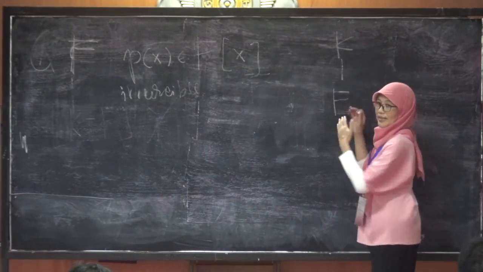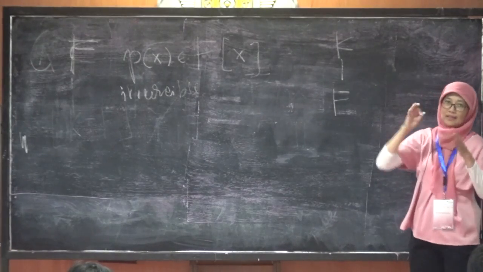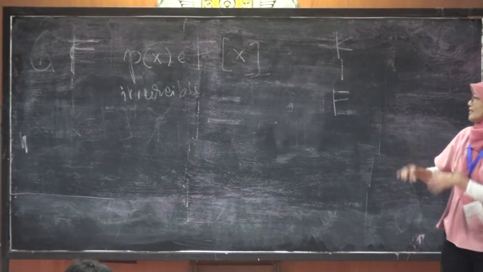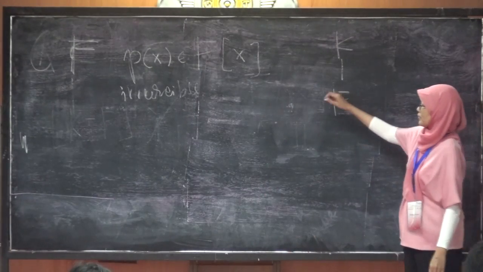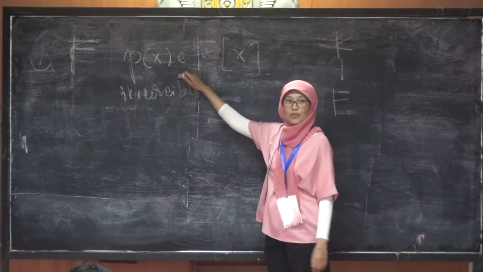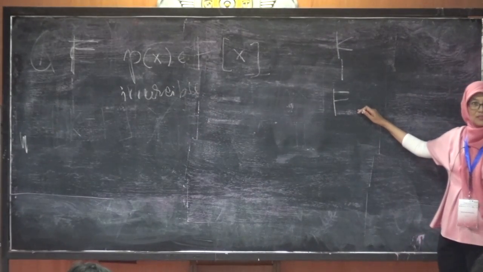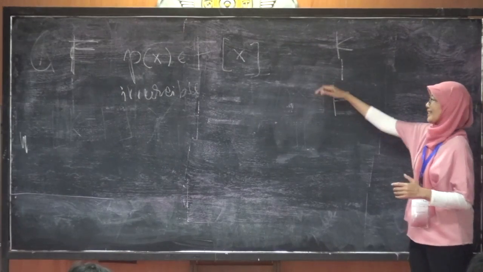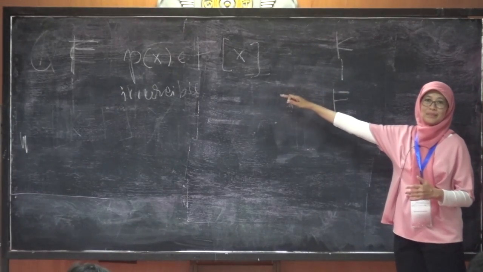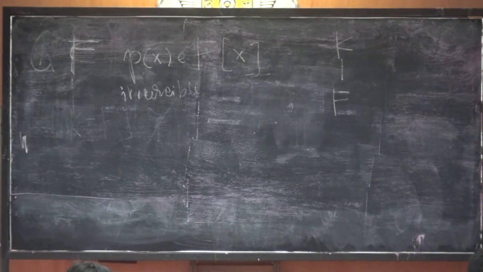So we can consider F as a subfield of K, because K contains a copy of F. If we have p(x), a polynomial over F, it does not necessarily have a root in F itself. But if we extend a little bit, maybe it will have a root. There always exists this K. So this is the meaning of the proposition.